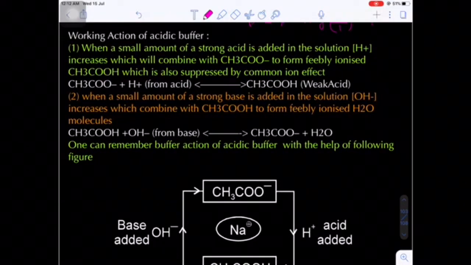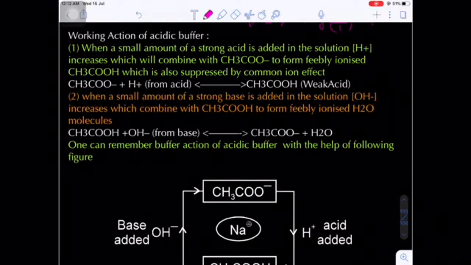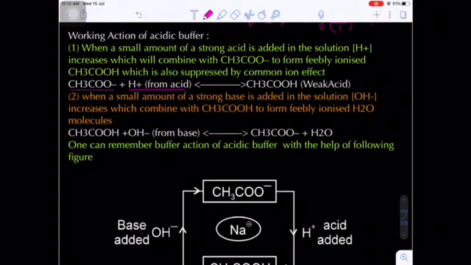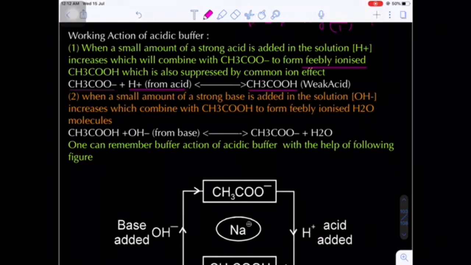Now the working action of the acidic buffer. Let's suppose if you add some acid or base, even though the pH of the solution does not change, that is the definition of the acidic buffer. Are you getting my point? Or basic buffer. Now here let's suppose we are adding H plus ions from a strong acid. The H plus ions react with the acetate ions in the acidic buffer solution and produce undissociated acetic acid, or feebly ionized, meaning very less ionizable acetic acid.